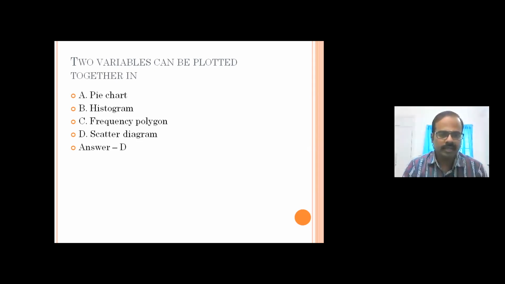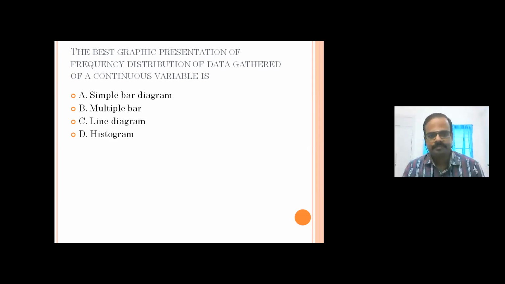A pictorial representation of a frequency distribution can be presented by histogram as well as frequency polygon. Trend of events over a period of time can be depicted by line diagram. Relationship between two variables can be assessed by scatter diagram, also called correlation diagram. Next question.